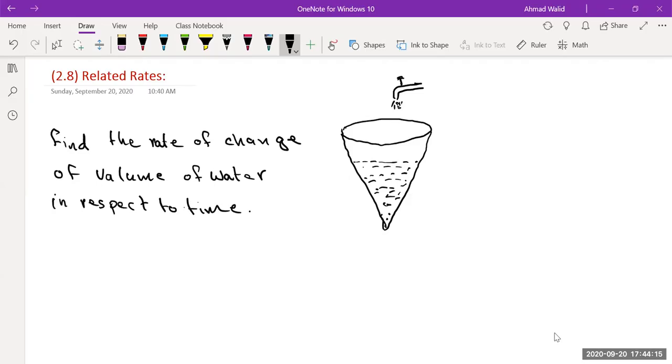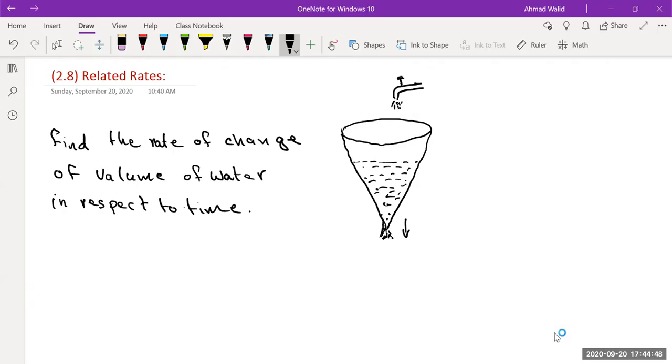As time passes, for example, if I have a leak here and the water goes out, as time goes on, how fast the leak is, I want to calculate that. I call that the rate of change in the volume of water.